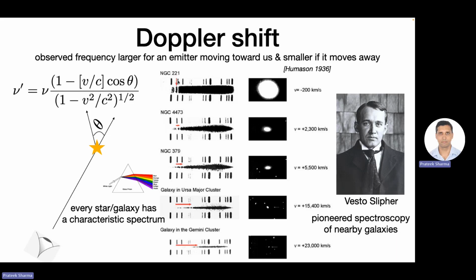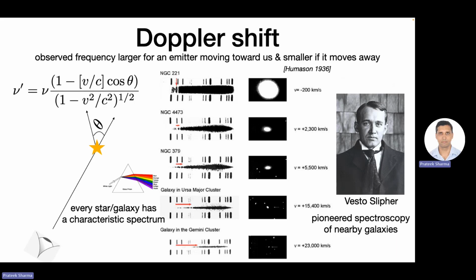Okay, so let's see what is being shown here. This is the optical appearance of the galaxy. This in the middle is the observed spectrum of the galaxy. It has everything, whatever there is.